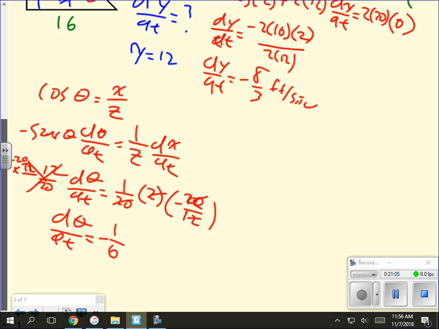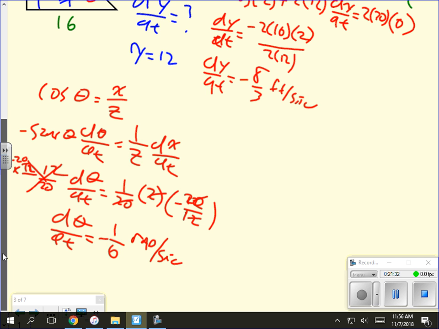And this would be in radians per second. That value is what exactly? That's the change. That's how fast the angle is collapsing, how fast it's collapsing at that moment. So the angle is shrinking.